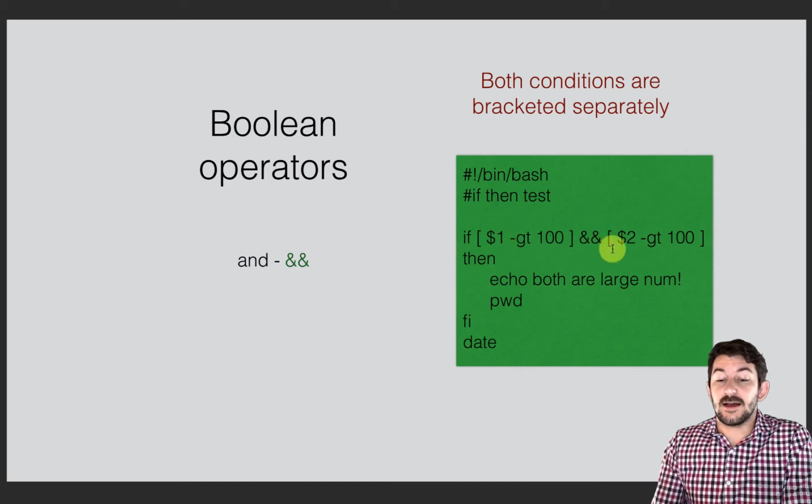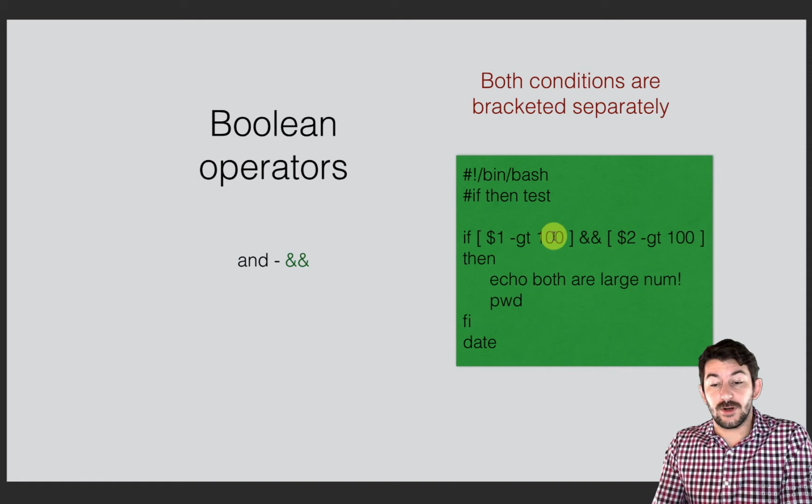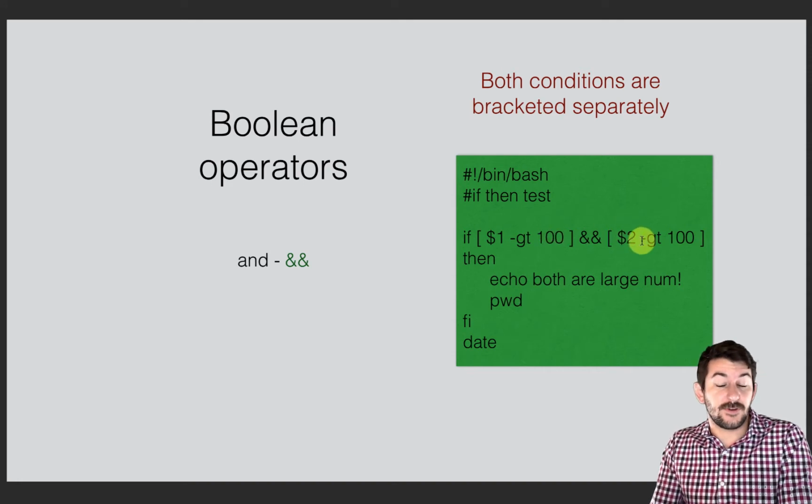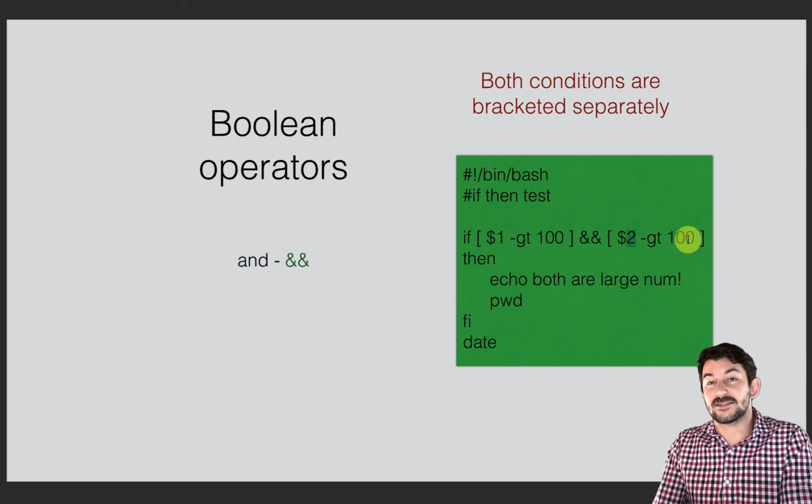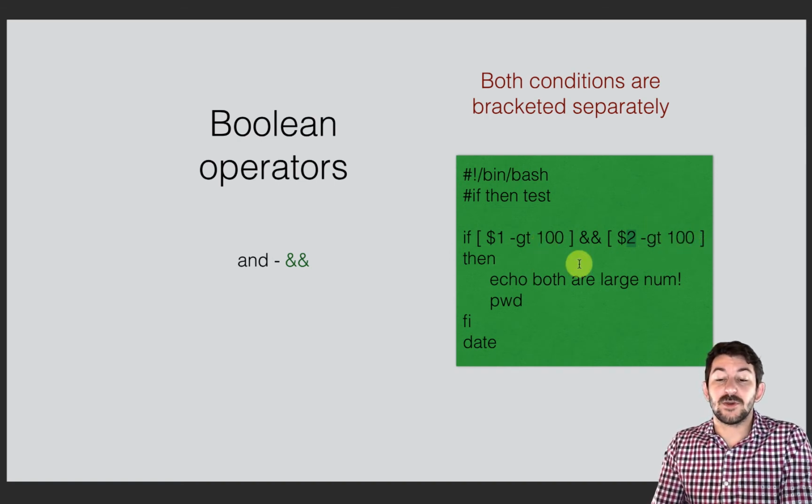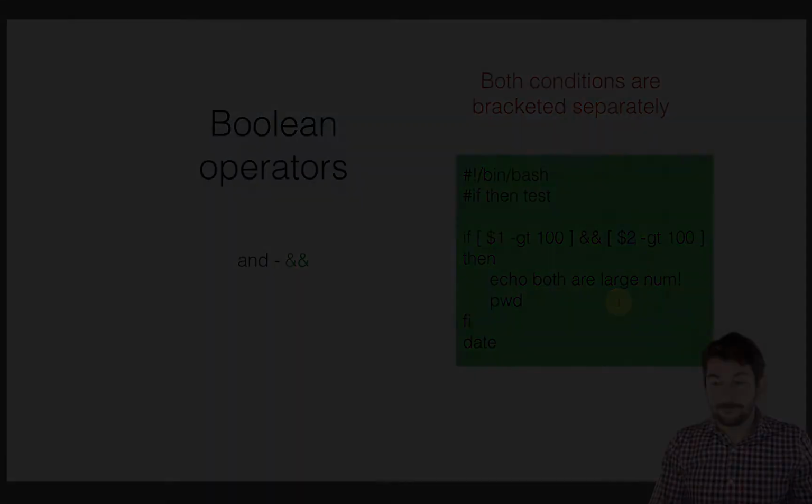So using the and signs, you could say it has to be greater than 100, and your second variable also has to be greater than 100. So if we're passing two variables, both have to be greater than 100 to be able to echo both are large num. So let's try that one, okay?